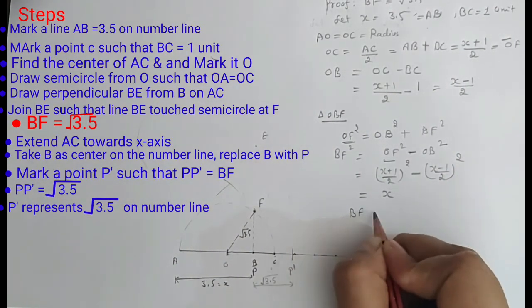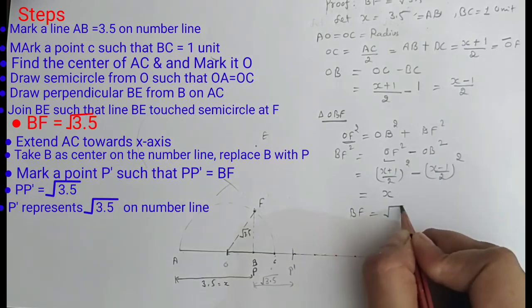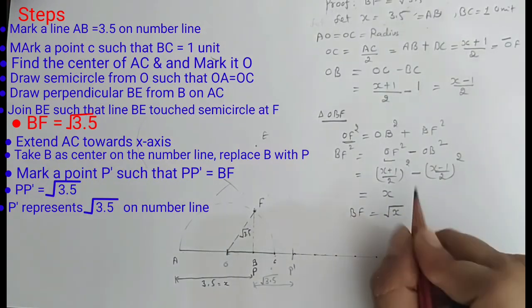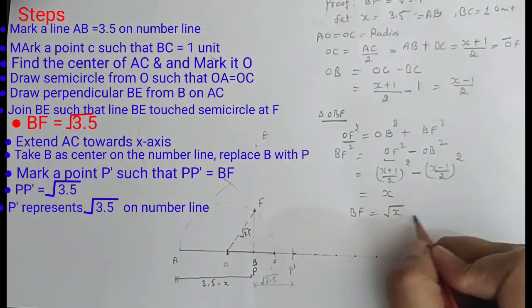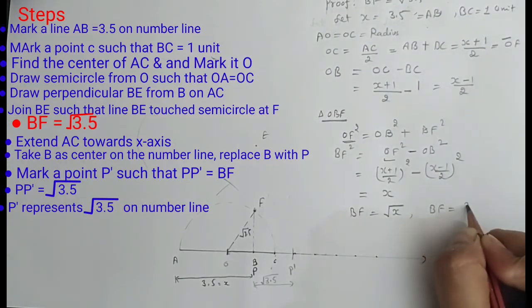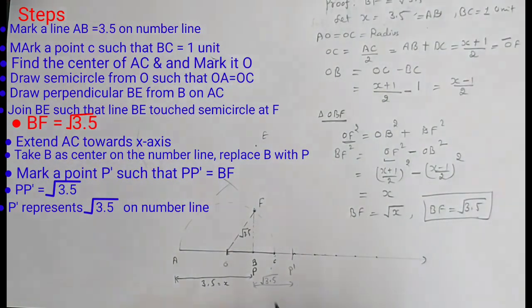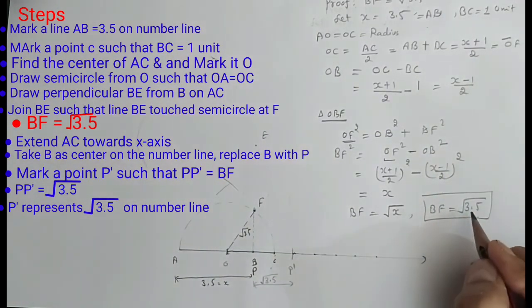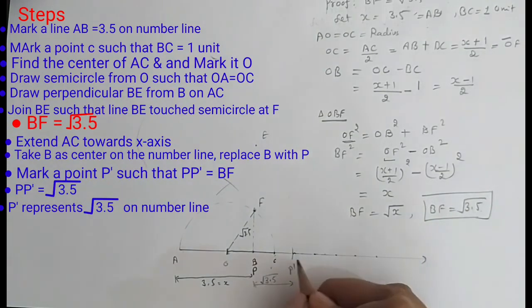So BF will become equal to square root of x. Here I have taken x as 3.5. So my BF is equal to square root of 3.5. Hence we have proved this, and we can represent square root of 3.5 on the number line with this point P prime.